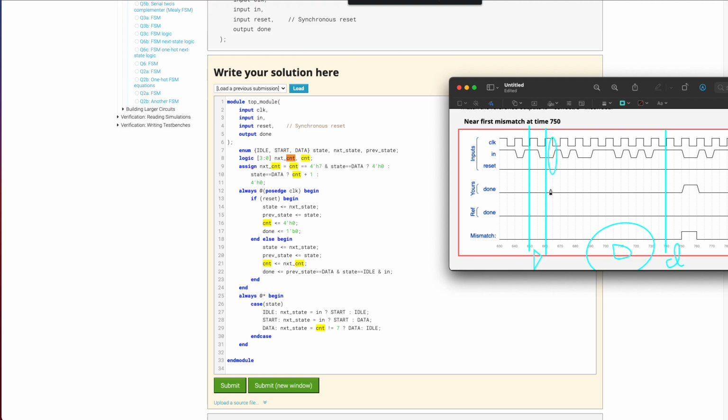So count is 0 here. I guess it could be 0 here, but if count was 0 here, then but then if this is data also, like if this is data also implies count +1, right?